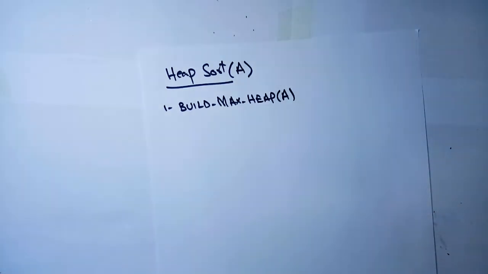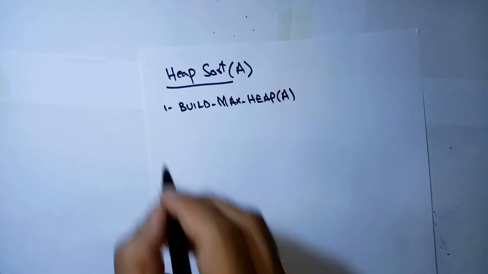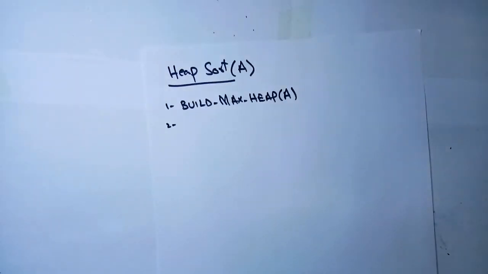So first of all build a max heap, then we need to exchange the values and decrease the heap size for every node. So better to put it in a loop.